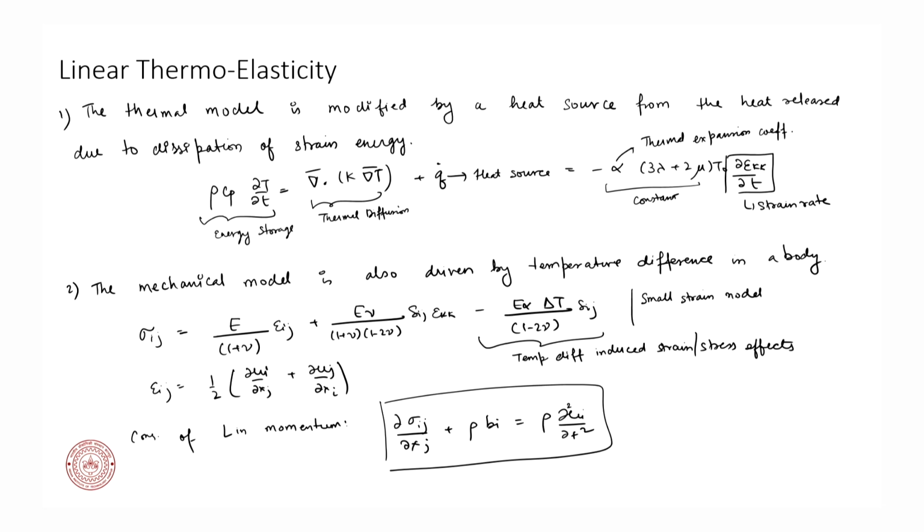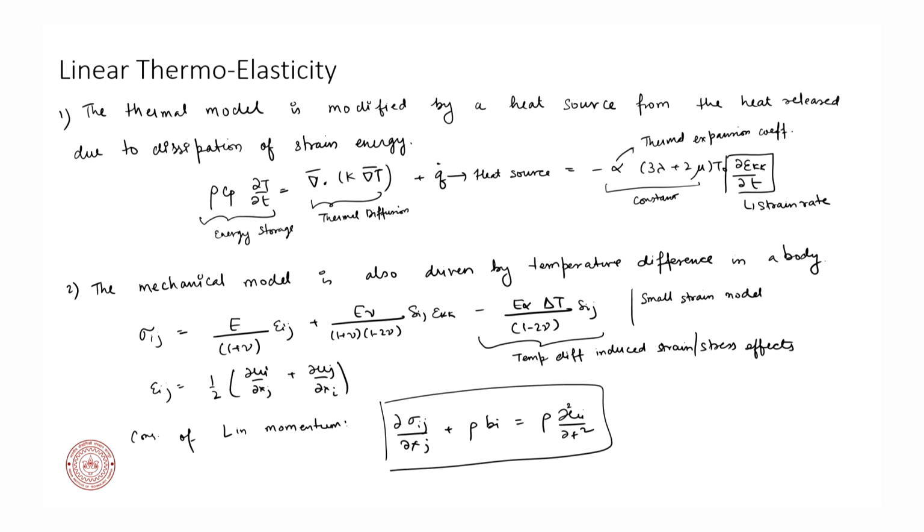So, we need to find this del sigma ij by del xj, that is the divergence of the Cauchy tensor. So, del sigma ij by del xj is equal to, if I see what it is, E over 1 plus nu epsilon ij.